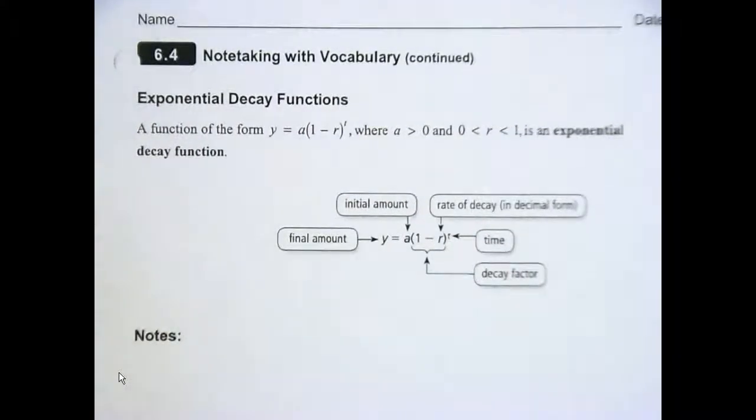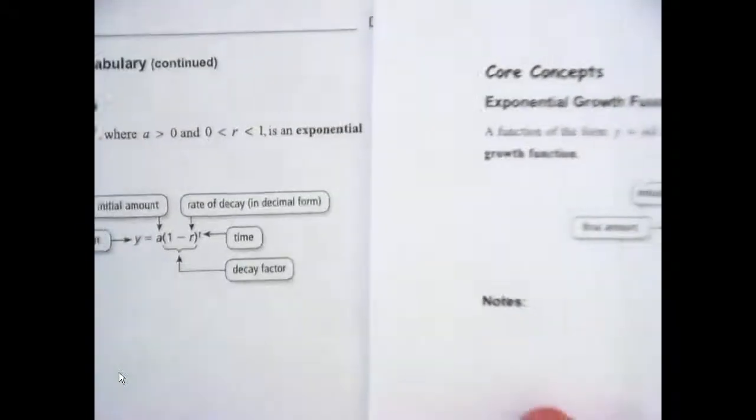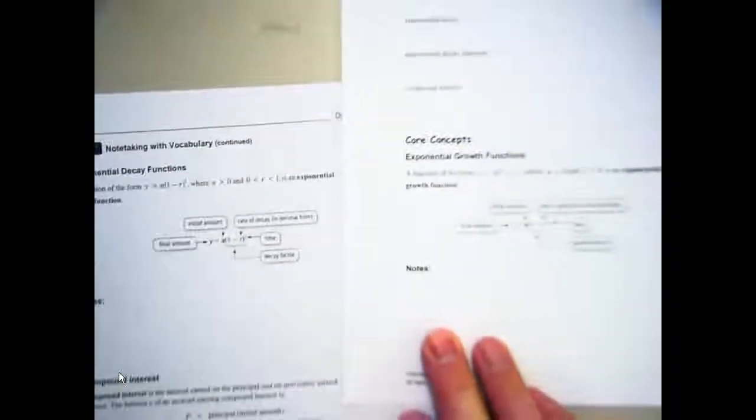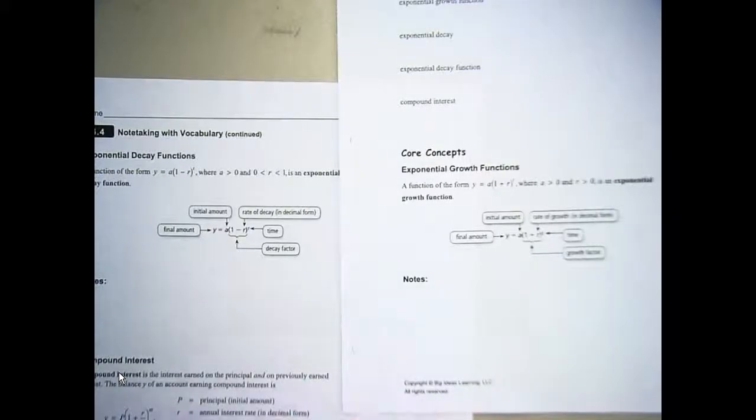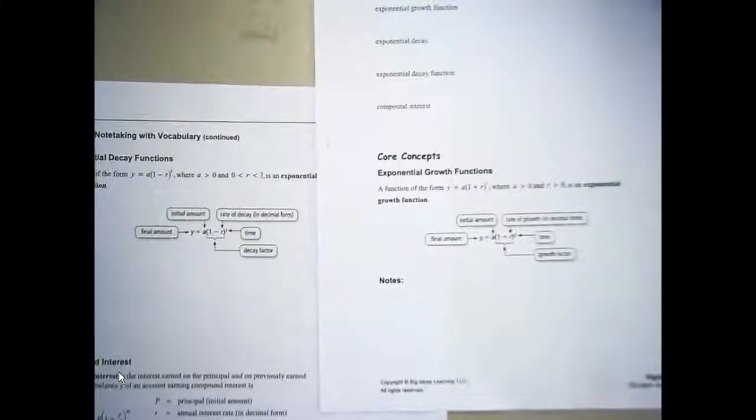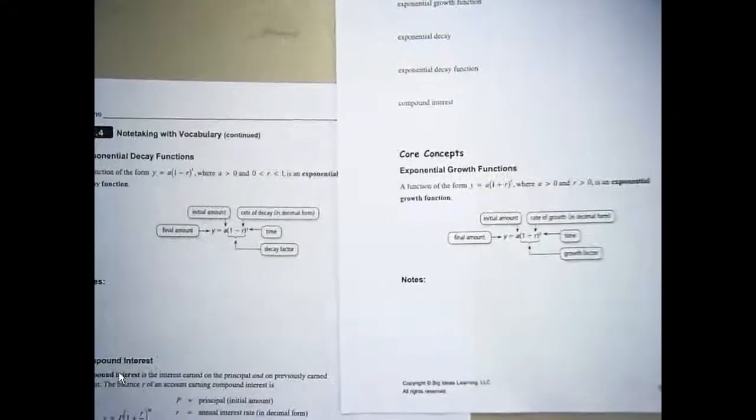Okay, it's on the next page, top page 186. Okay, before I point out the differences, I'll put them both up there so you can see them both at the same time. I want you to talk with your neighbors there and point out what the differences between a growth and a decay function are.